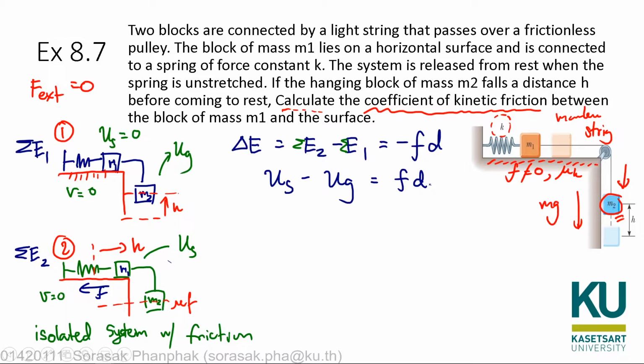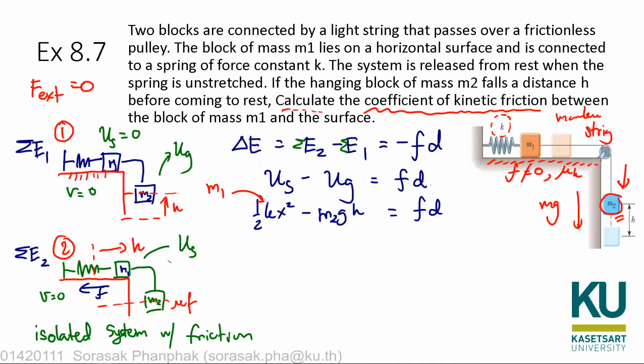So your Us is 1/2 k x squared, minus Ug, which is m g h, equal to f d. Since the spring is due to m1, note that this is the m1 part, and your mg here is due to m2. So write this properly as m2.